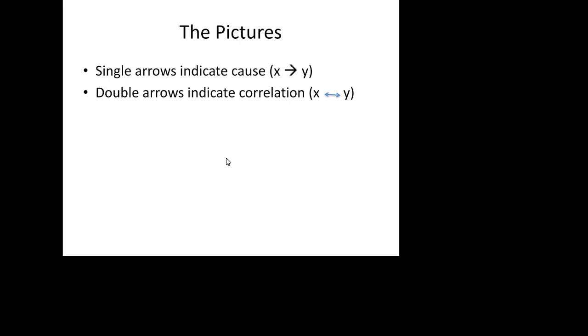Any type of double-headed arrow indicates a correlation, or it actually stands for covariance, but that does not predict a direction. So just like regular regression determines the direction, these X variables cause Y, and the double-headed arrows represent correlations. For the relationship between X and Y, we're not sure which way it goes.